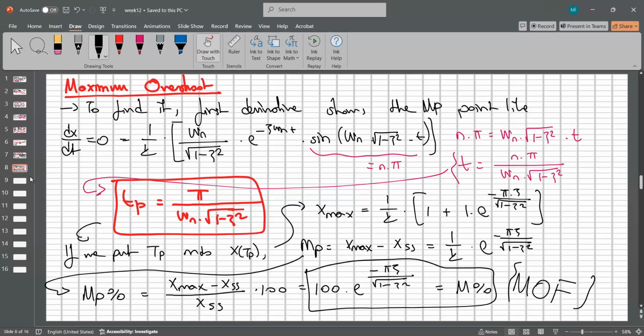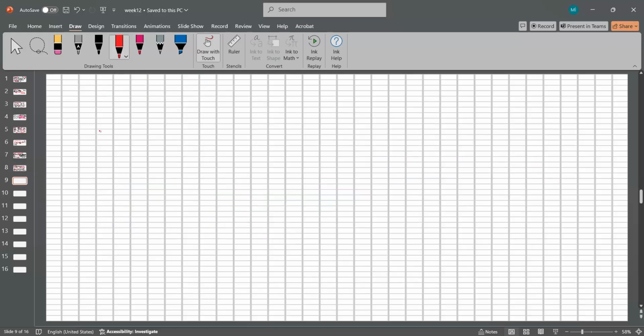And so, what about this one? We have another parameter in here, rise time. For the unit step, XSS is equal to what? 1 divided by K, right? It's coming from the formula.